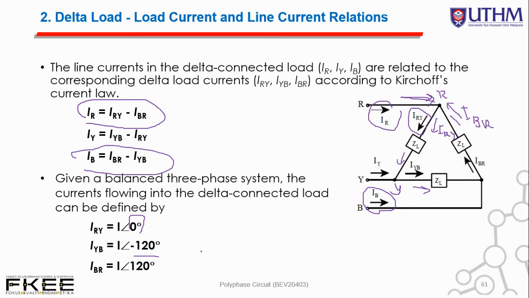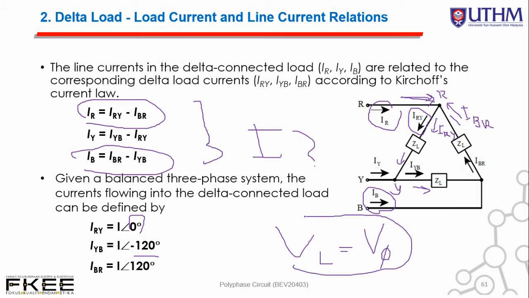So why are we interested in analyzing all these currents? Because the phase of line voltage is actually equal to V phase. So there is no point in making an analysis if the line voltage and phase voltage are equal.